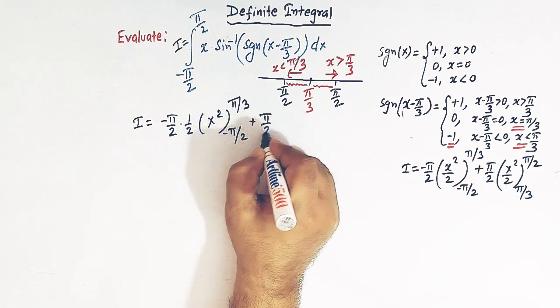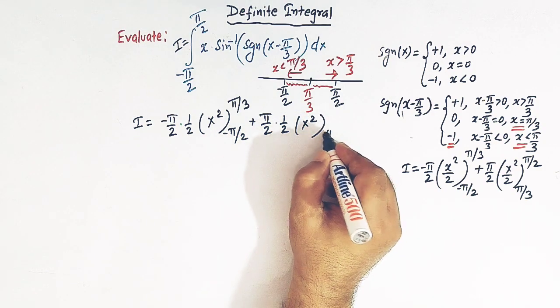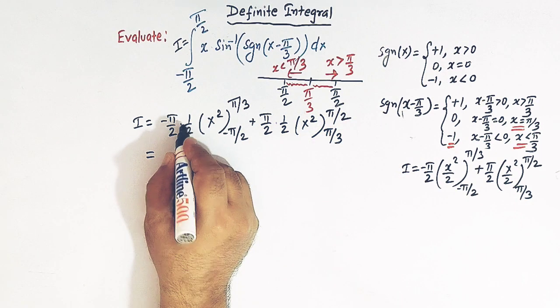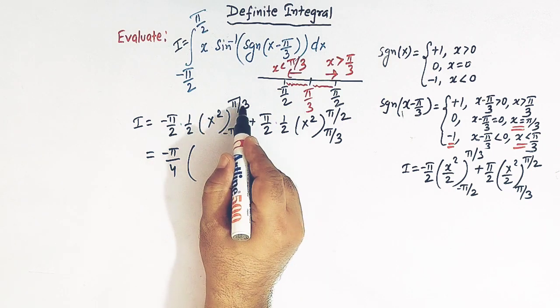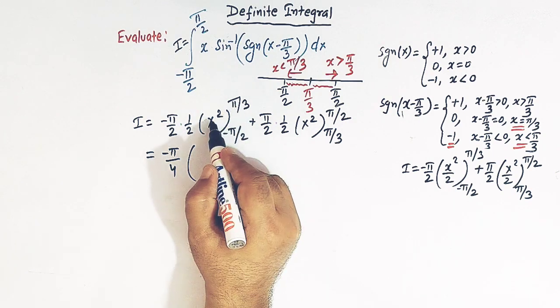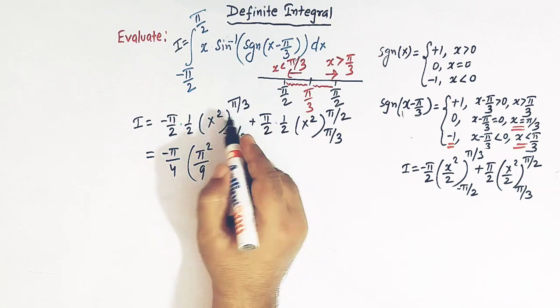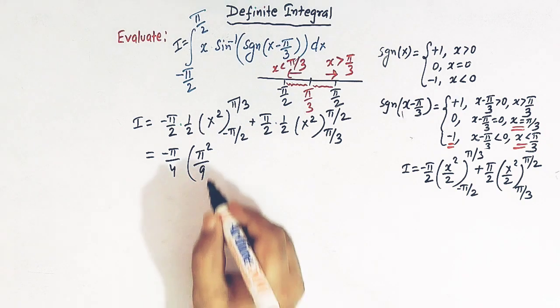We have pi by 2 times half and x square, and pi by 3 to pi by 2, right? So this is minus pi by 4, and when we take x is equal to pi by 3, here we have pi square over 9, because substituting the limits and taking the difference, right?